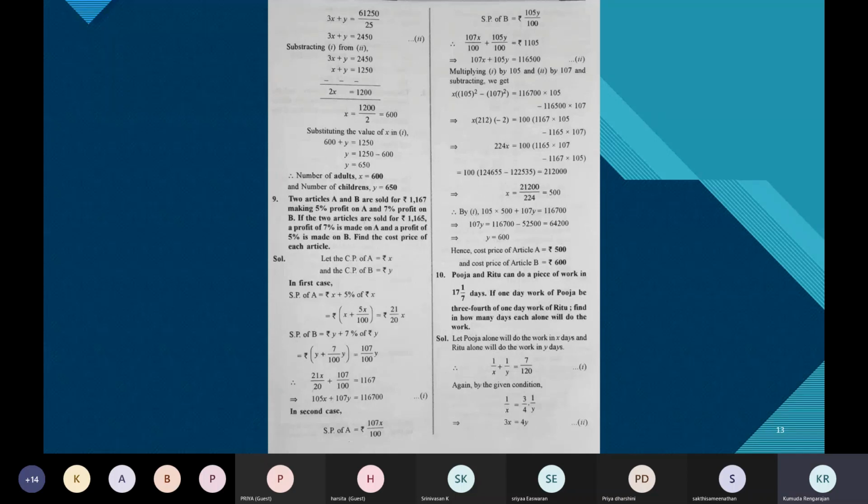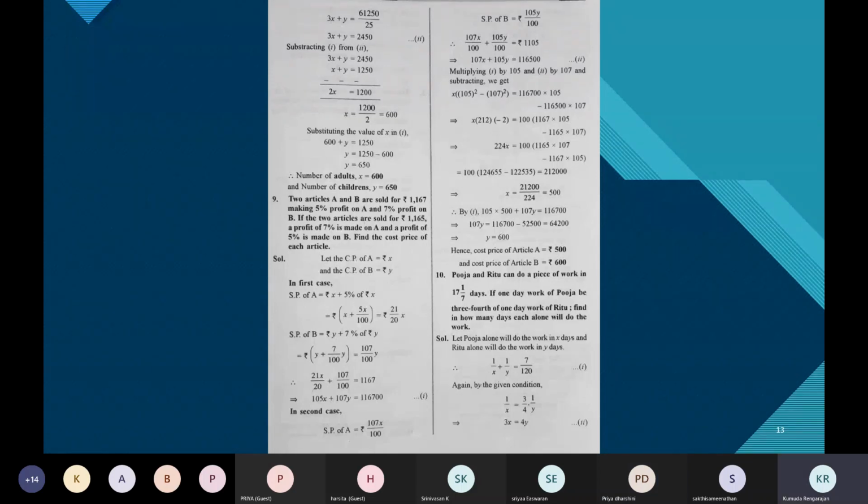Shreya, you also got article A 500? Yes, ma'am. Yes, ma'am, for me also. No, ma'am, for me it's 600, ma'am. Are you getting the answer mentioned here? No, ma'am. Okay. Let me just try.